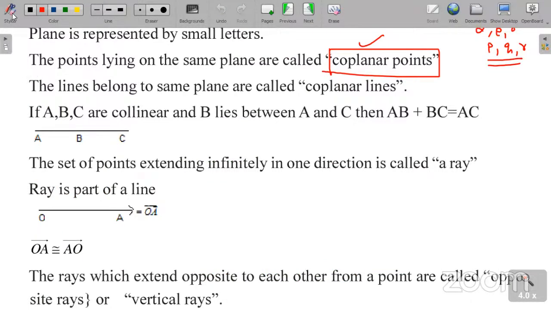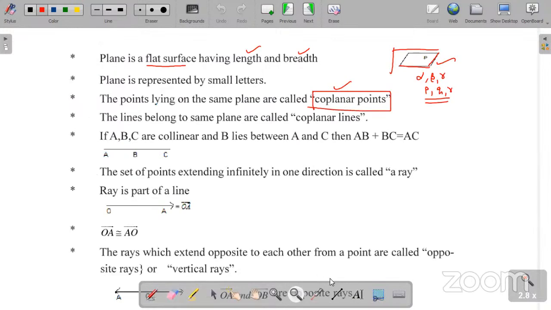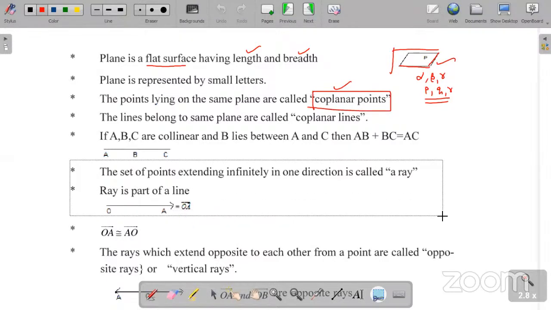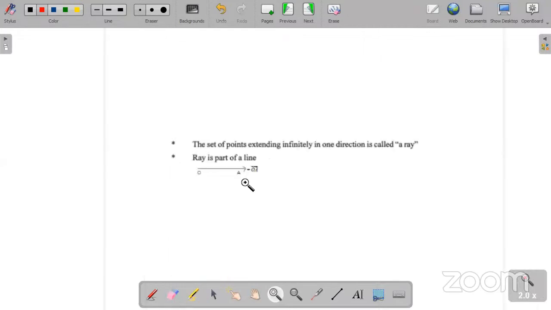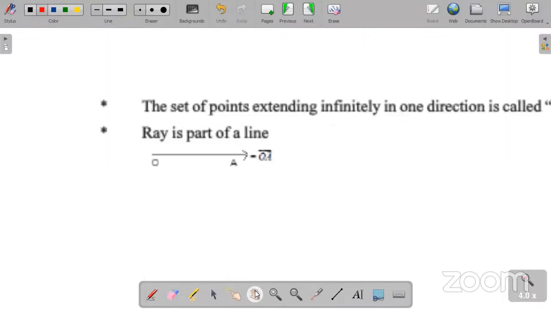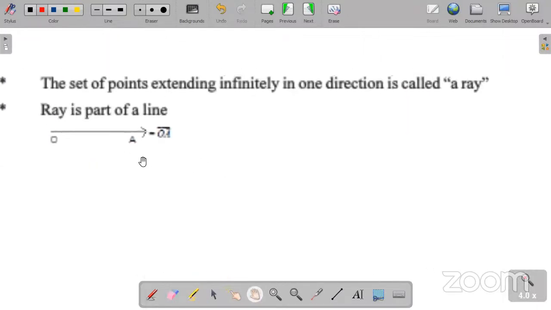Next, I am going to discuss one more concept.